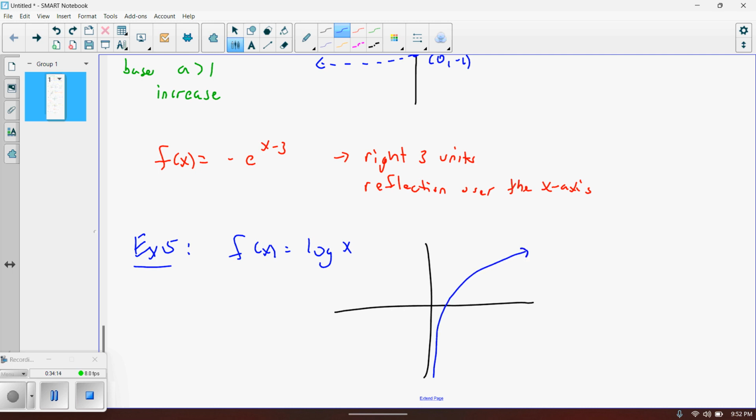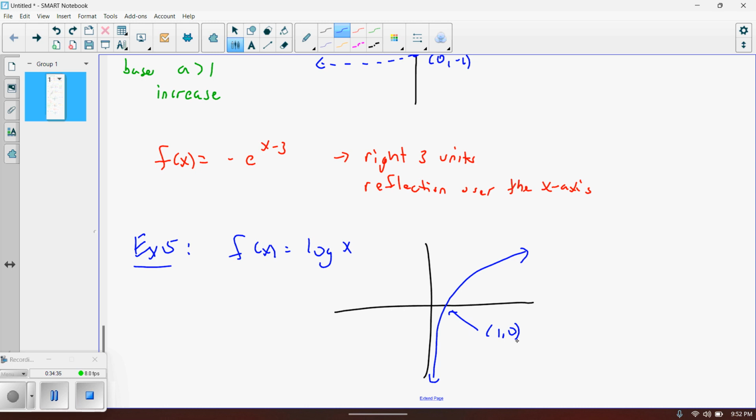And the important part about where this intercept is, your x-intercept is at the point 1, 0. And the log function will approach the y-axis, but it will never get to it. And then as it goes off towards the right, it's just going to keep getting bigger. It just gets bigger really slowly.